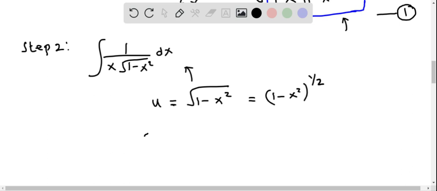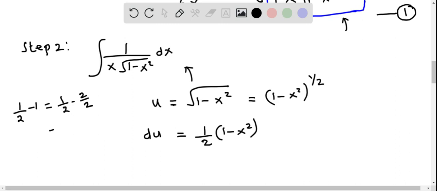Now if I take the differentials on both sides, I will get du equals, I apply the power rule here. I put the power in front, and then 1 minus x squared raised to the power of 1 by 2 minus 1. So 1 by 2 minus 2 by 2 is basically negative 1 by 2.